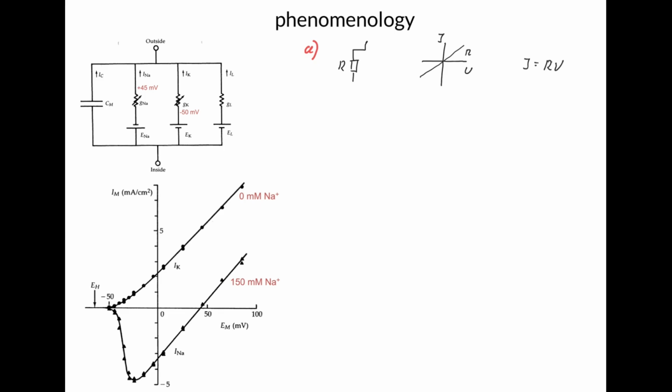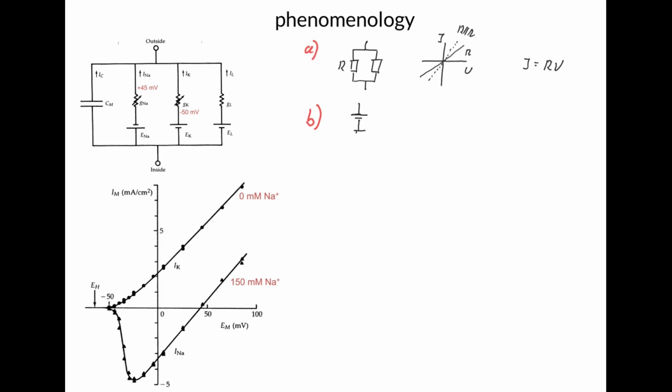Now if you have two parallel resistors, what will happen is that the line just will get steeper, as indicated by the dashed curve. Now the membrane not only consists of parallel resistors, but also has internal batteries, which are the Nernst potentials of the different ions.